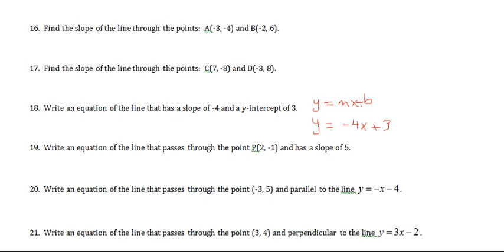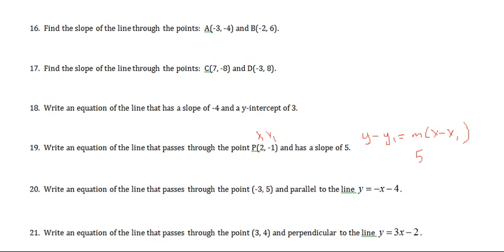Next one, it says write an equation of the line that passes through the point 2, negative 1 and the slope. So you can do this probably a couple different ways, but we talked about the point slope equation. y minus y1 equals m times x minus x1. I would probably have that memorized. Slope is 5. That's where m goes. This is my x1.